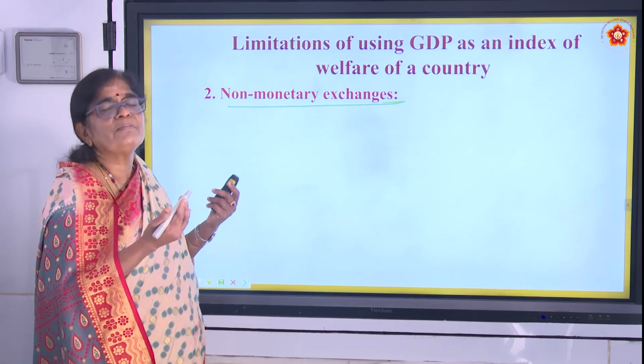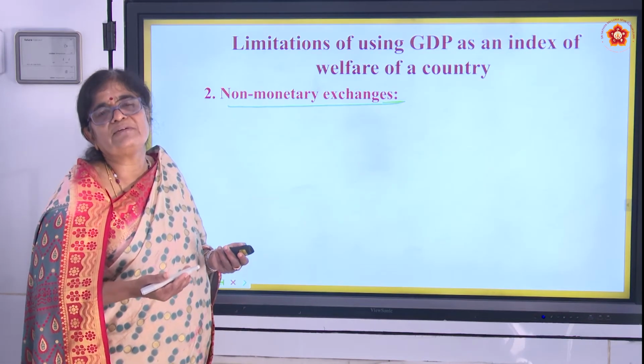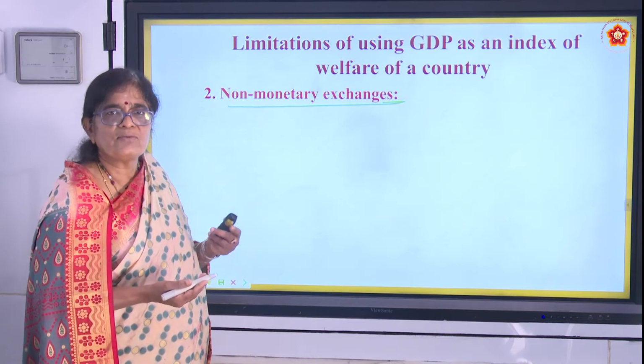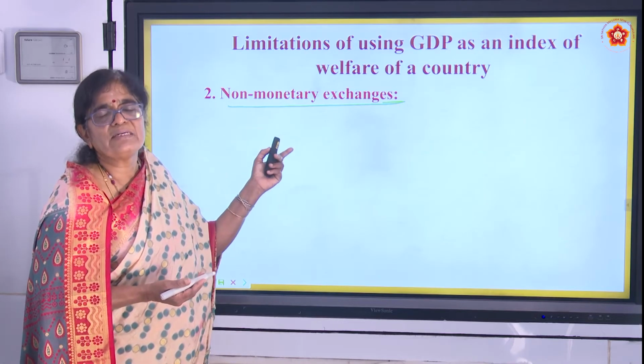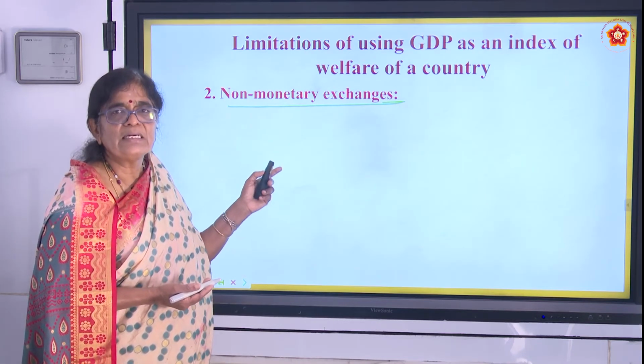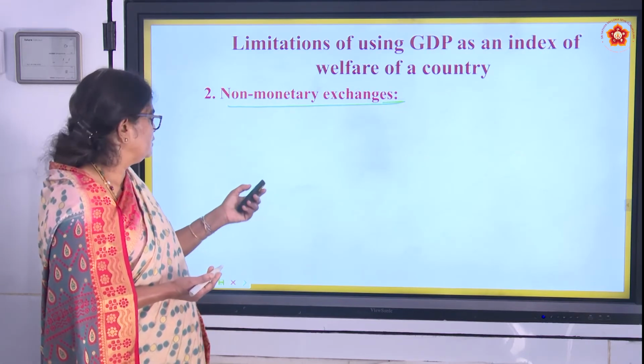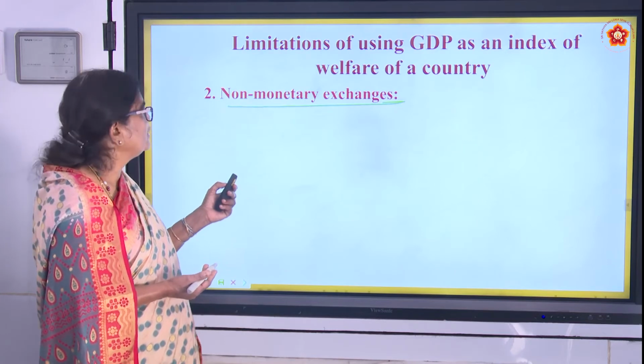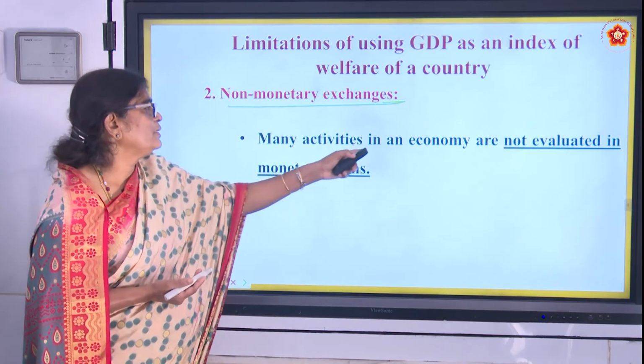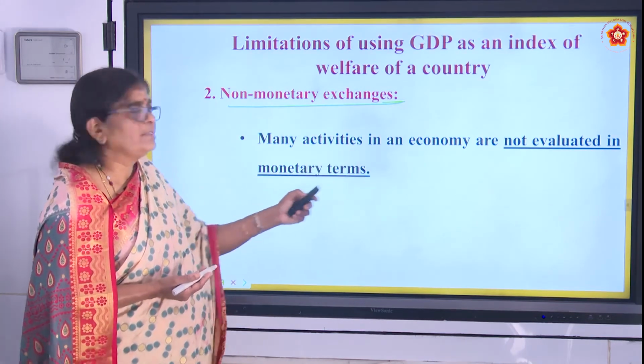They are not evaluated in monetary terms. Those unpaid works of the women family members cannot be considered under GDP calculation. This is a drawback.